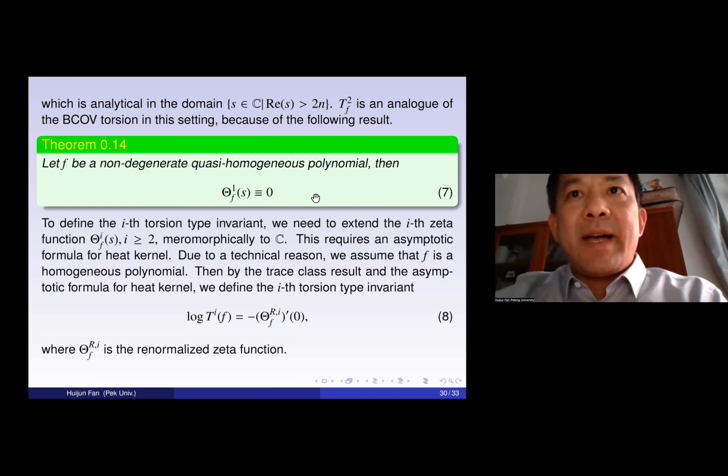The proof depends on the commutativity of a star operator with the twisted Laplacian operator. And to define the i-th torsion type invariants, we need to extend the i-th zeta function, theta_F(i,s), for i greater than or equal to 2. Usually we take i equals 2.